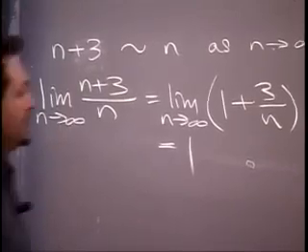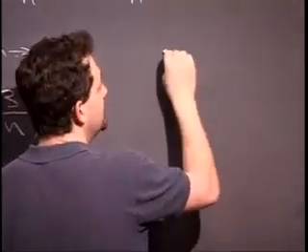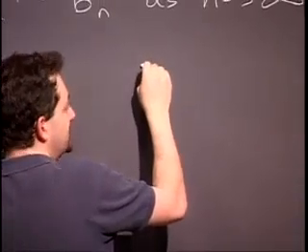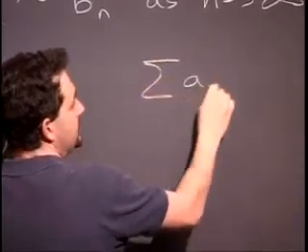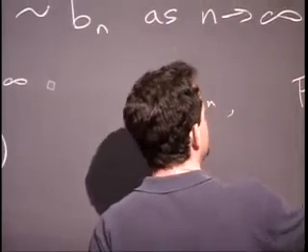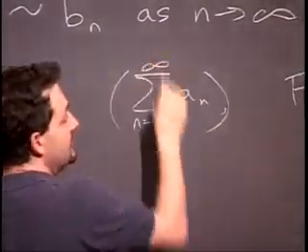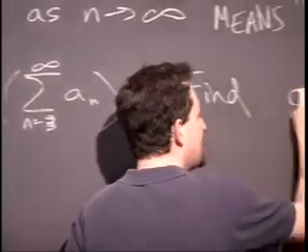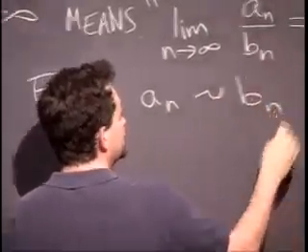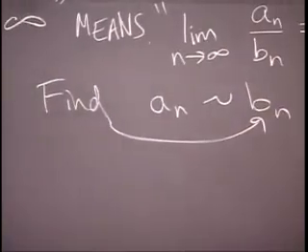Now, given that, here's the theorem. Here's the limit comparison test. If you want to understand this series, the sum from n equals something to infinity of a_n, find a_n twiddles b_n, where b_n is simpler.